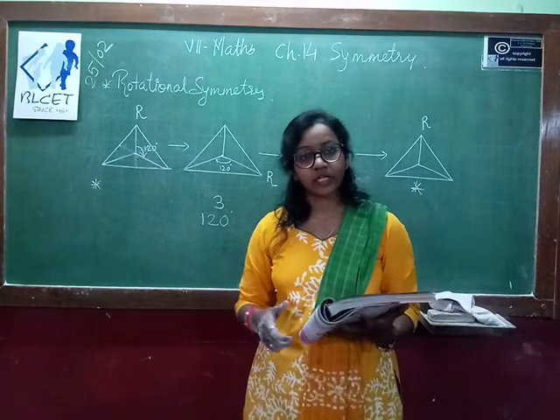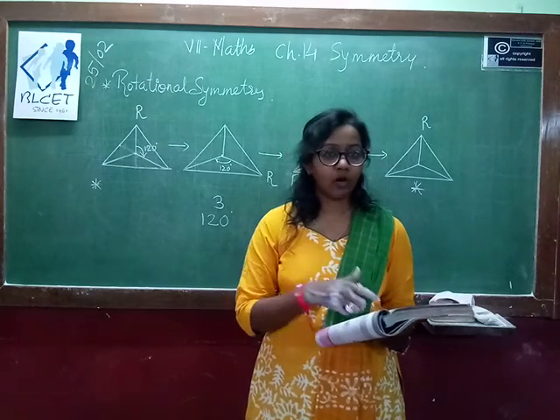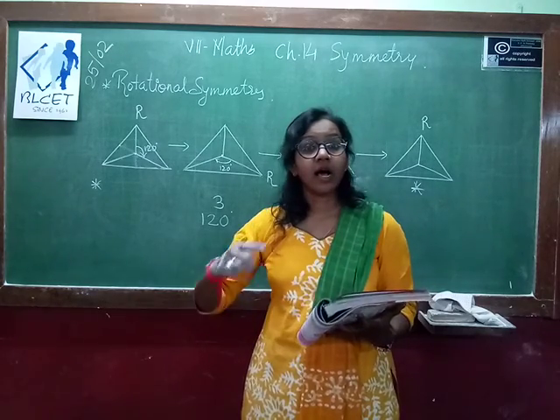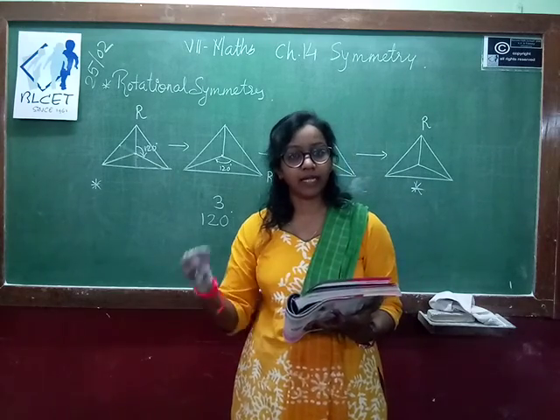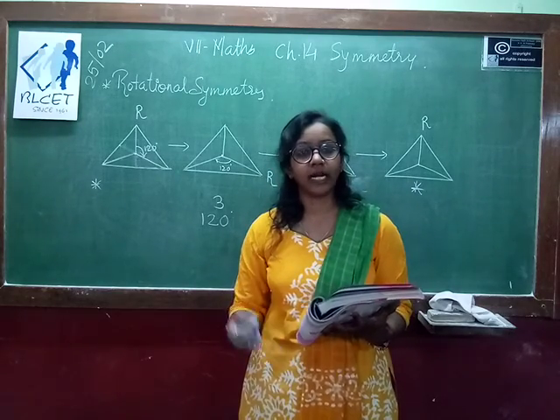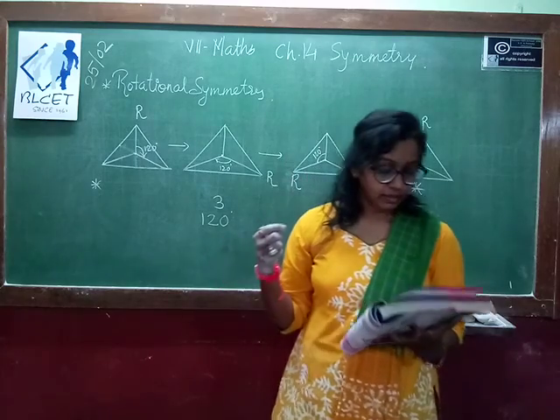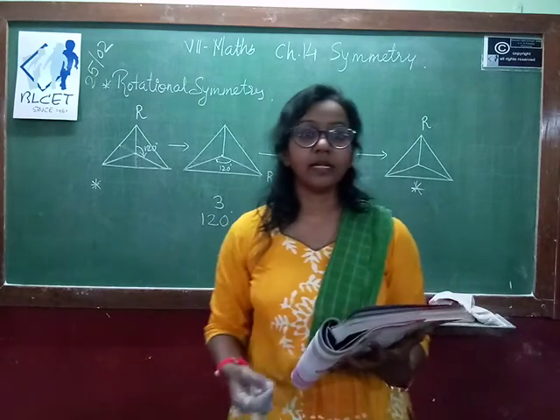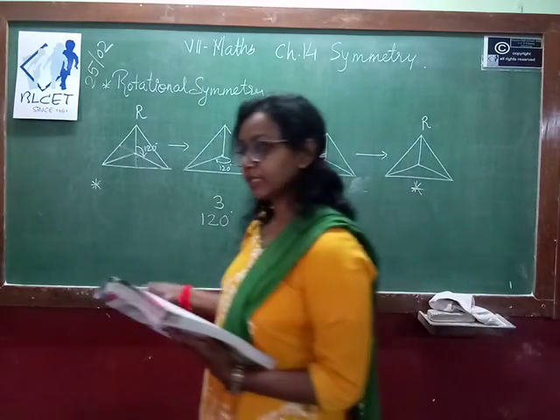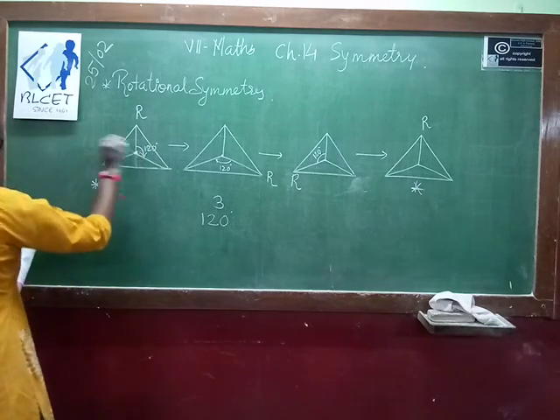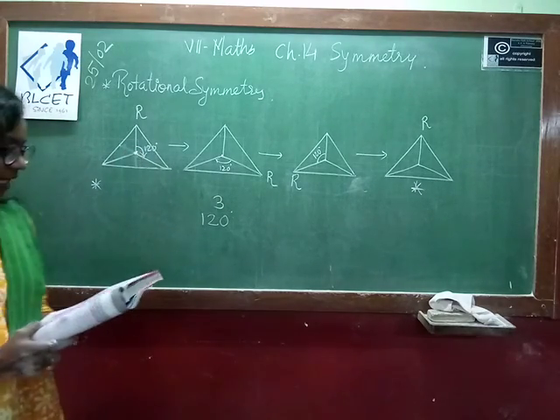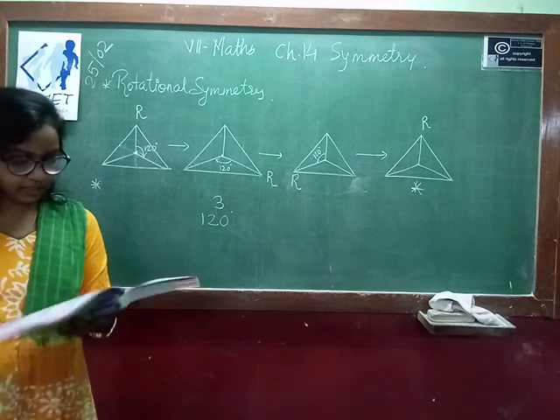And in which direction you are moving, clockwise or anti-clockwise, and how many times you have to rotate by that particular angle of rotation, defines the rotational symmetry. Here the center of the equilateral triangle becomes the center of rotation. So this way we can find the rotational symmetry.